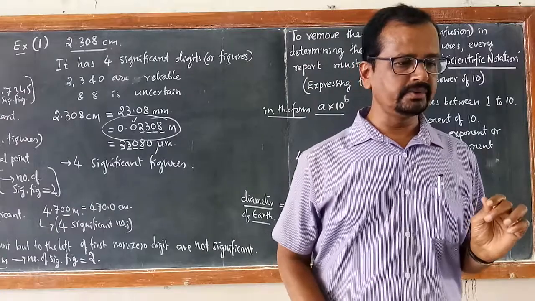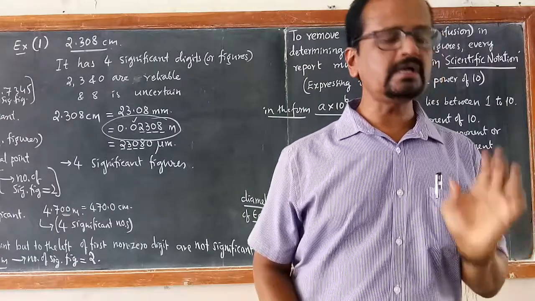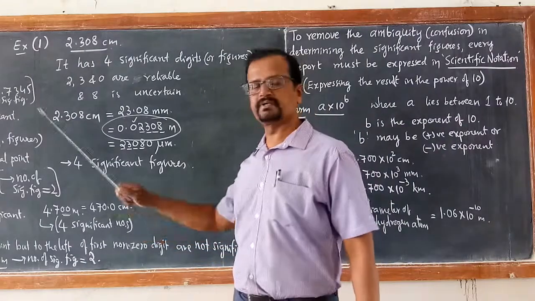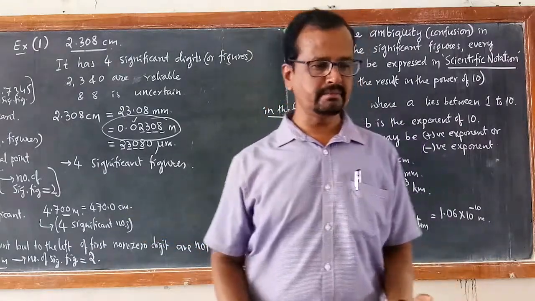And for a number with a decimal, the trailing zeros are significant. These are the things to be remembered.